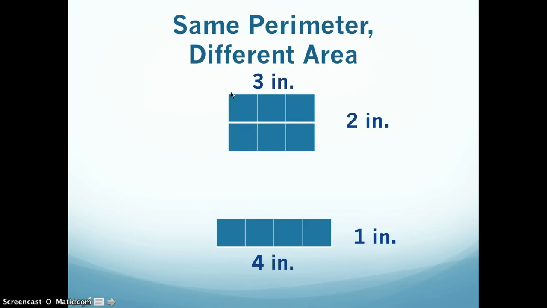A common mistake a lot of fourth graders make is they only add the numbers that they see, but they often forget that just because the number isn't listed doesn't mean that that length doesn't exist. So for example, if this is 3 across, above, down below, parallel to it, must also be 3 across.